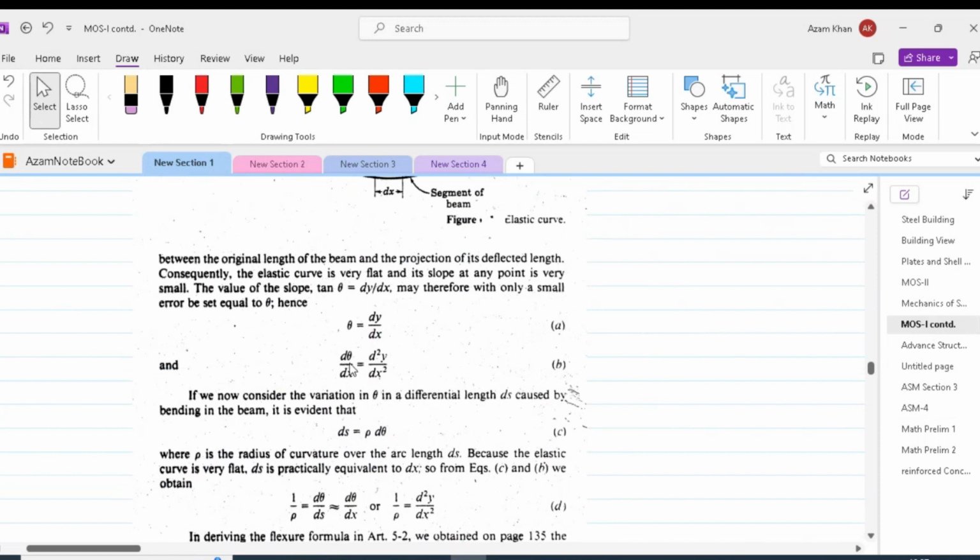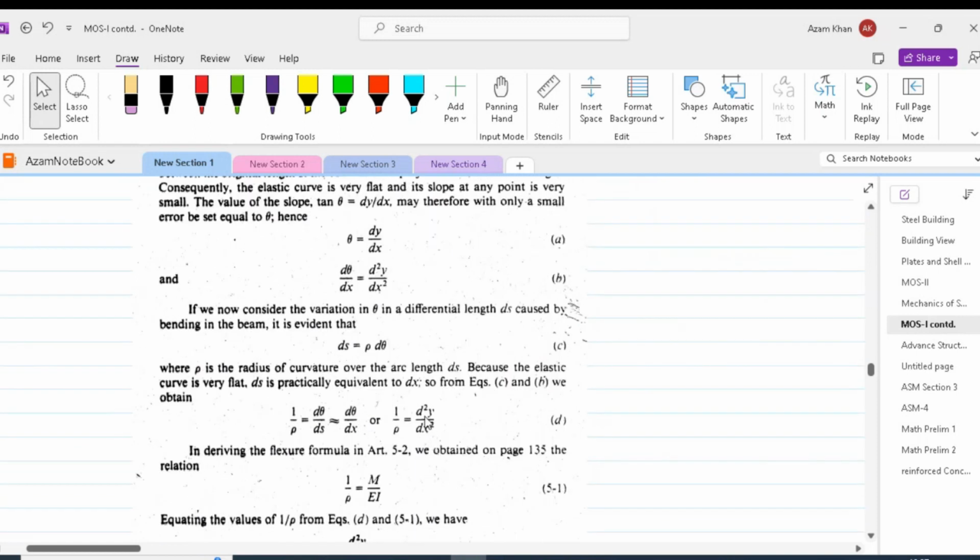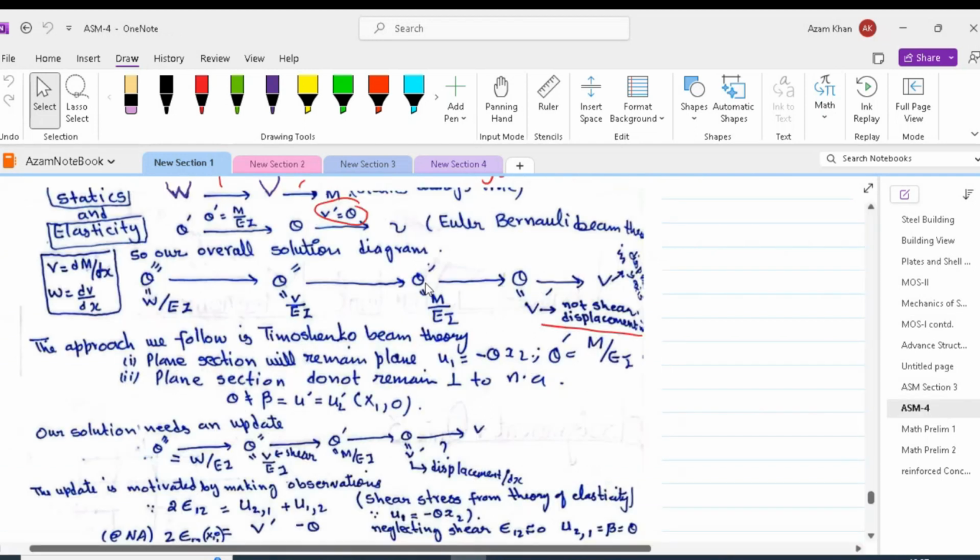We said that dθ/dx is equal to d²y/dx², and that was equal to M over EI. So based on this derivation, we can write θ' is equal to M over EI.